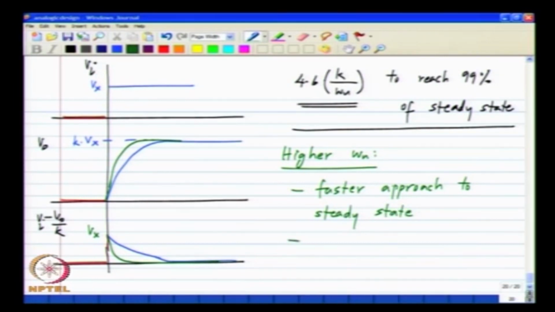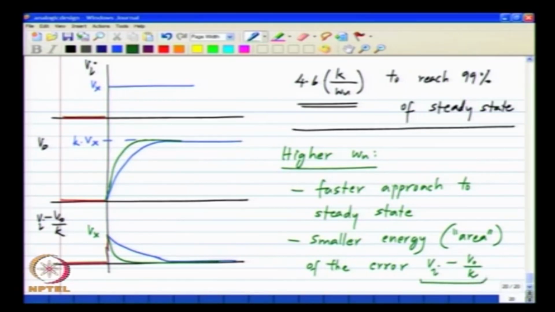It also means smaller energy, by this I simply mean the area under the error curve. So, to make the feedback system more accurate for step inputs, you have to increase the value of omega u.